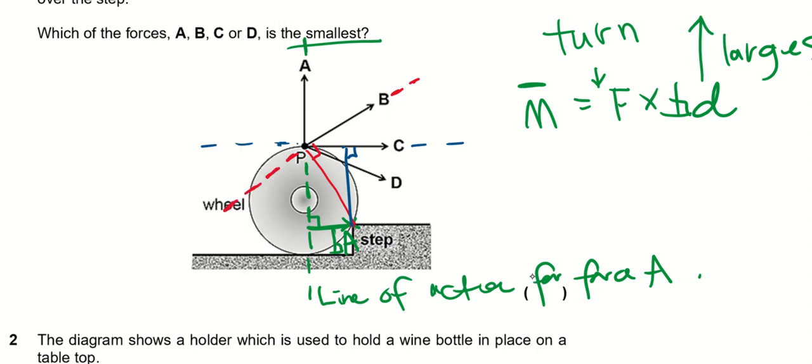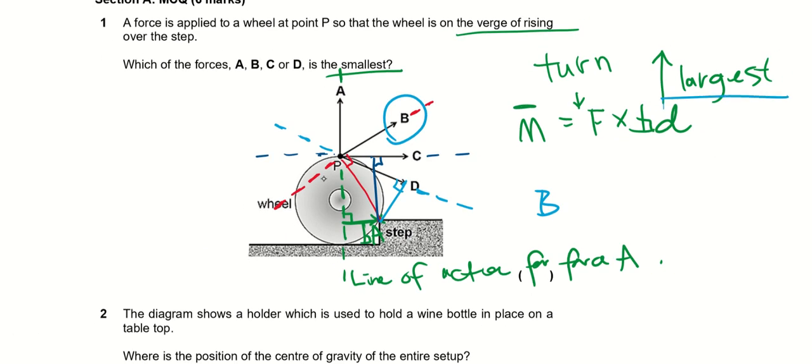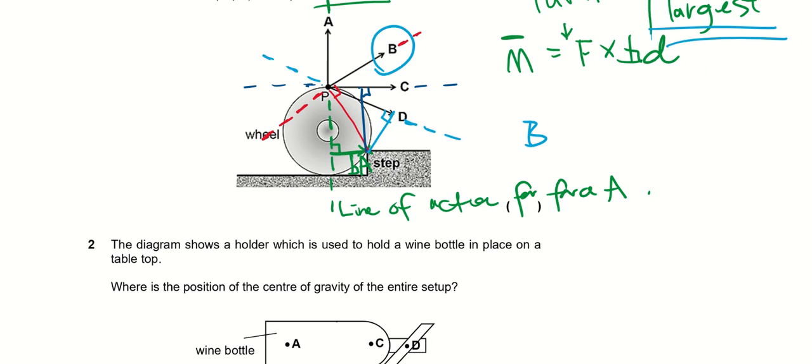Going to use this color. This is the line of action of the force of D. Remember, always draw the line of action of the force, and this is the pivot. So this is the perpendicular distance. The answer is B, because it has the largest perpendicular distance, so the force will be the smallest.